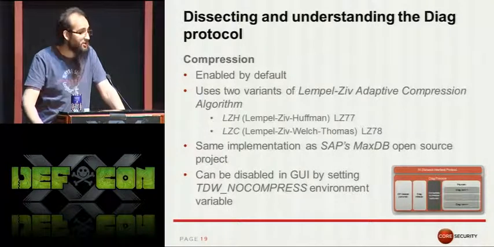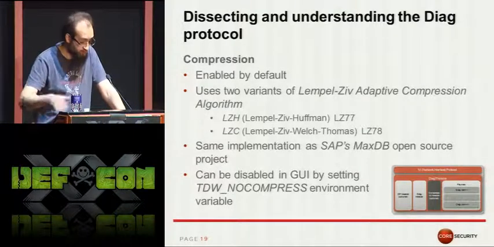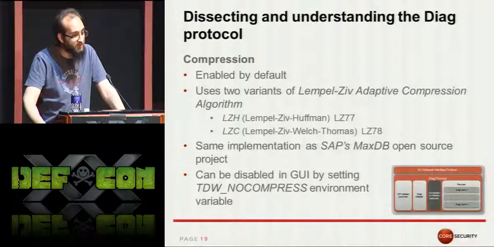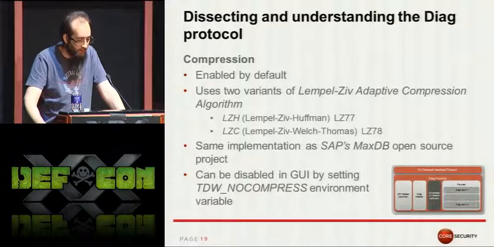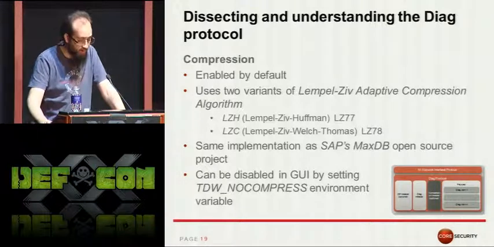It uses two different variants of the LZ compression algorithm, LZ77 and LZ78, and it's the same implementation as the MaxDB open source products. So this code is available. And one interesting thing is that it can be disabled in the GUI application by setting a special environment value.